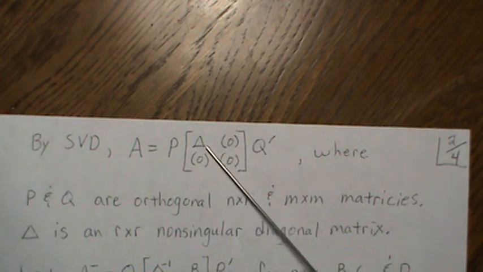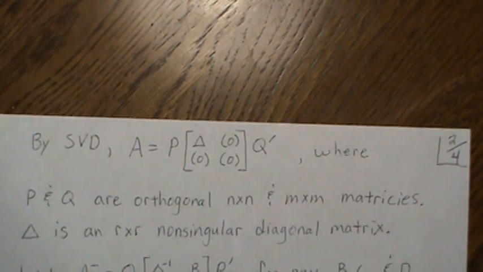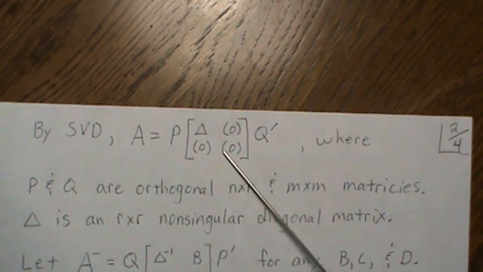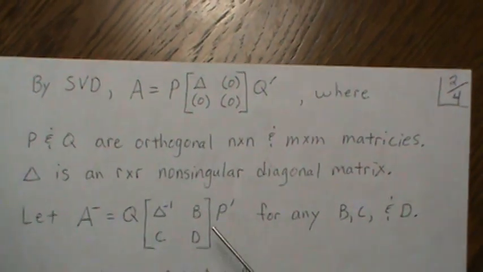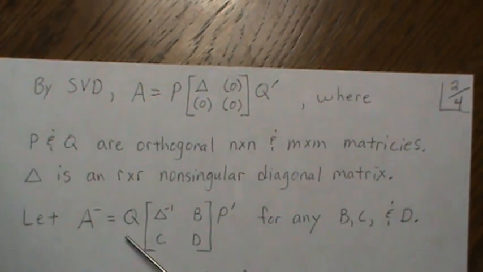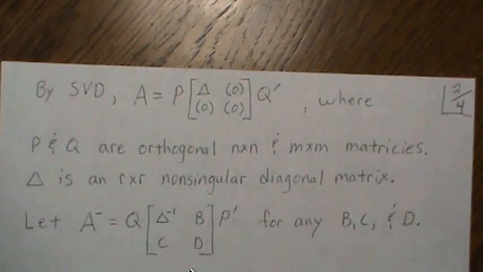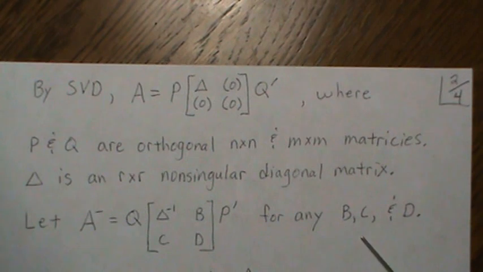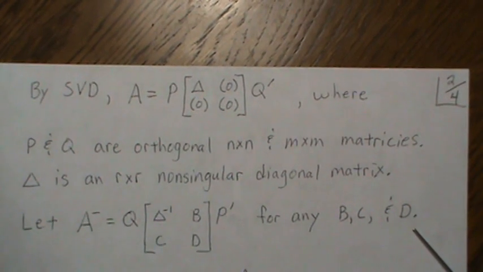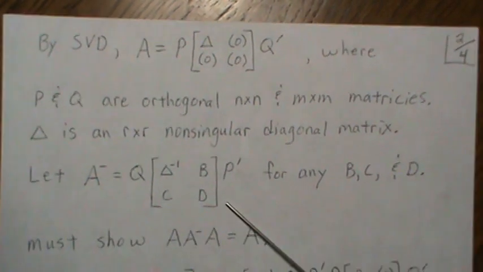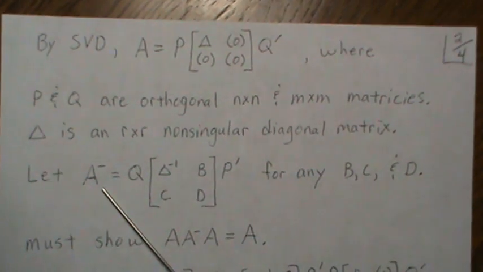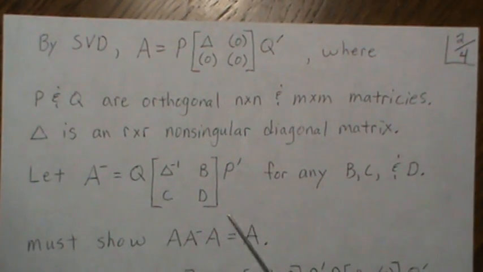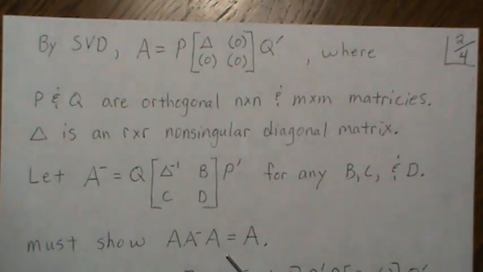So it means there are no zero elements down there, and the rest of this is zeros. Now, the claim is that this is the generalized inverse of A, for any B, C, and D.